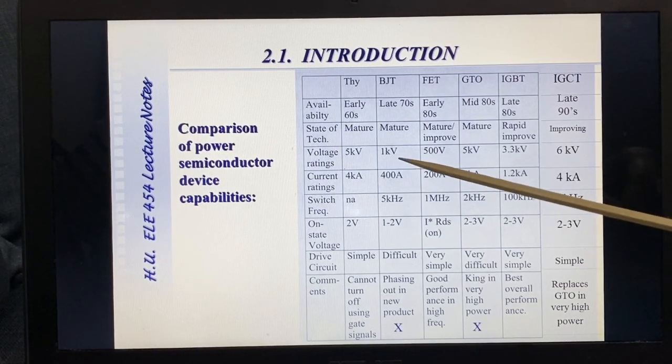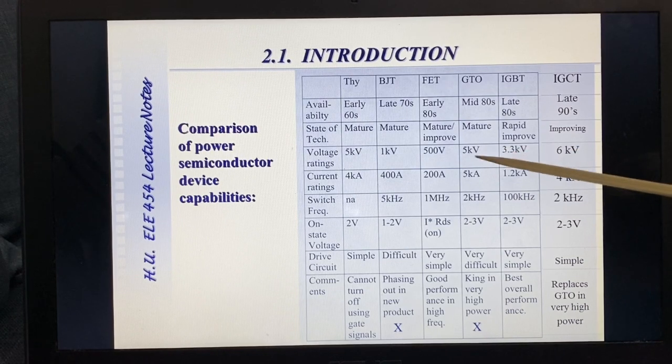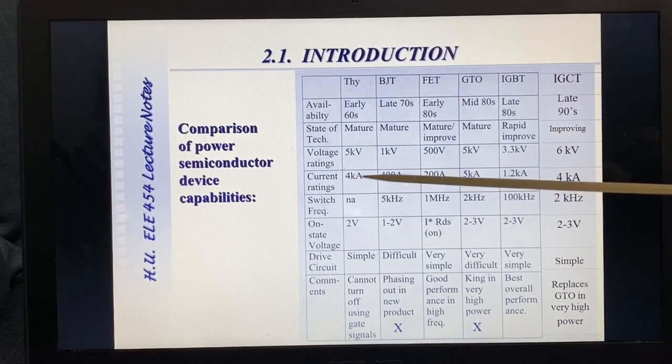BJT is only 1000 volts. MOSFETs are typically 500 volts, but there are MOSFETs which reach 1000 volts nowadays as well, with a small current rating. 5 kilovolts for the gate turn-off thyristor, 3.3 kilovolts for the IGBT, which has now reached the 6 kilovolt level, and the IGCT about 6 kilovolts. Similarly, the current ratings are seen here.